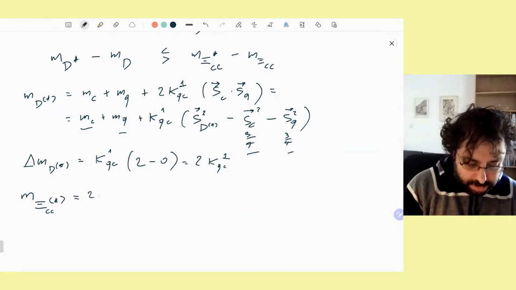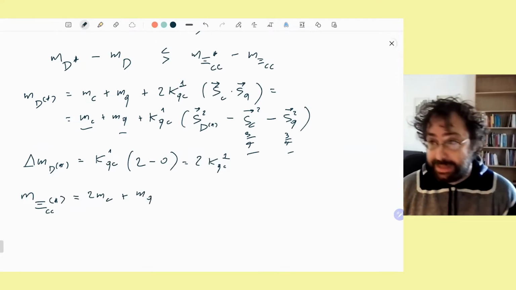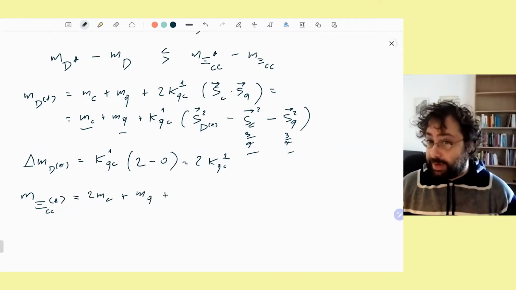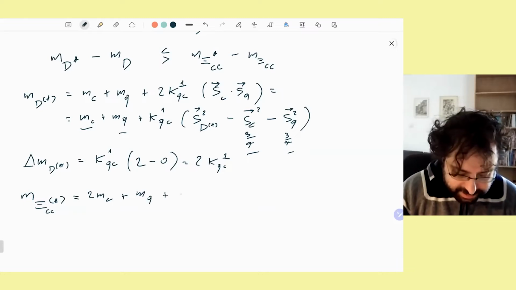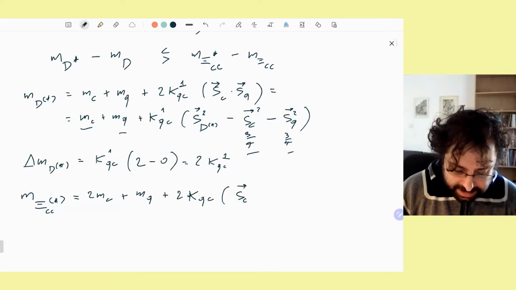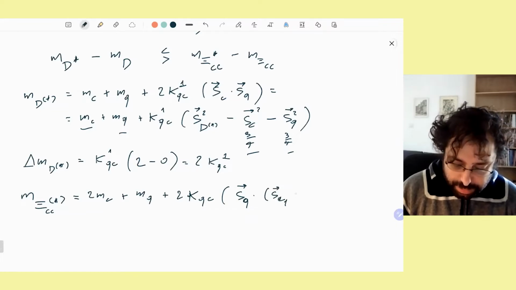So we have 2 charm quarks and 1 light quark. These are the masses first. And then we can have all the possible interactions between the quarks. So you have twice K_QC, spin of the light quark times either the first charm quark or the second charm quark.